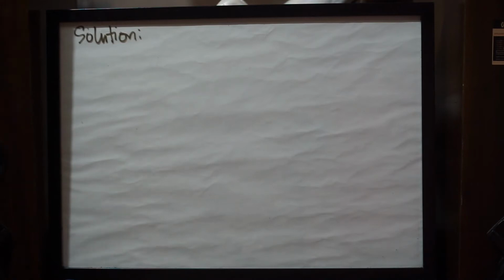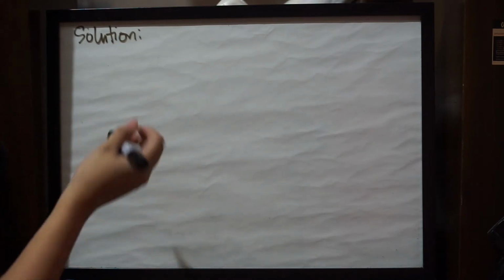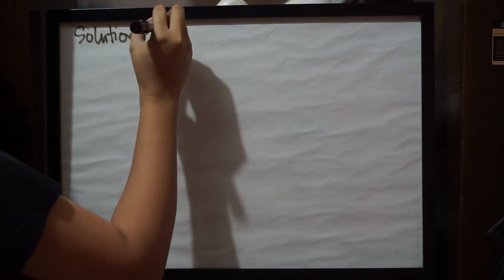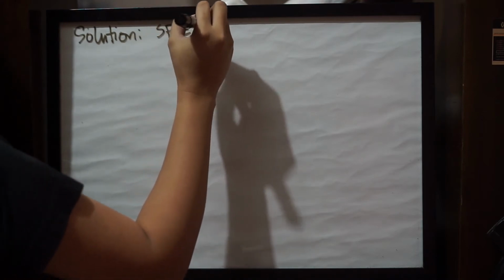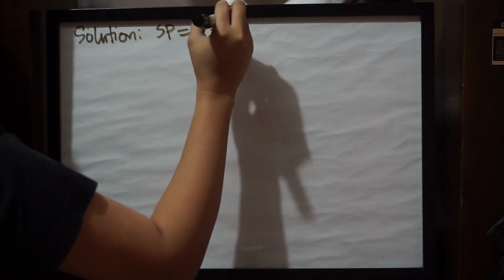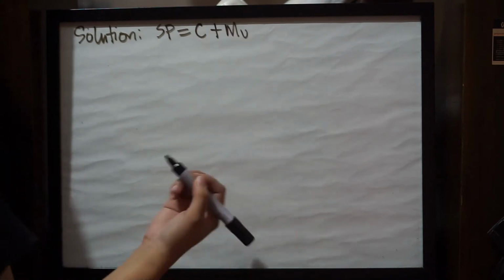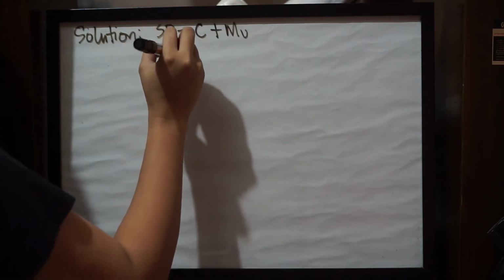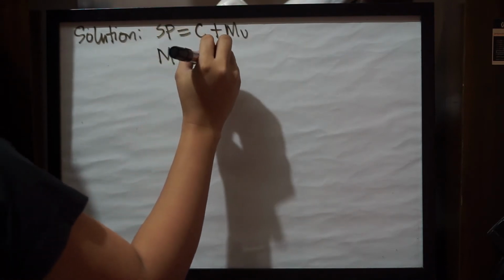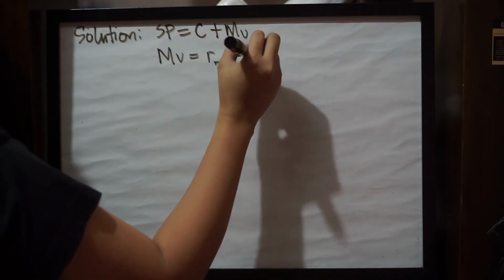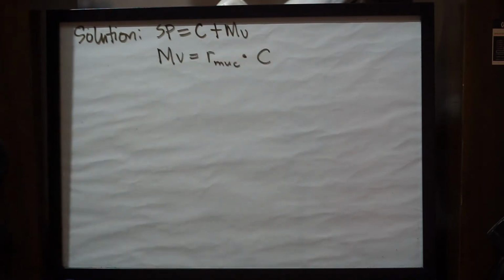So, going back to the two main formulas that we have: SP is equal to C plus MU or markup, and we also have markup is equal to rate of markup based on cost multiplied by cost. So, as you can see, we don't have any direct formula computing for the rate of markup.